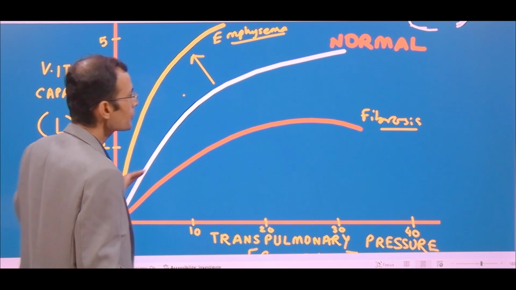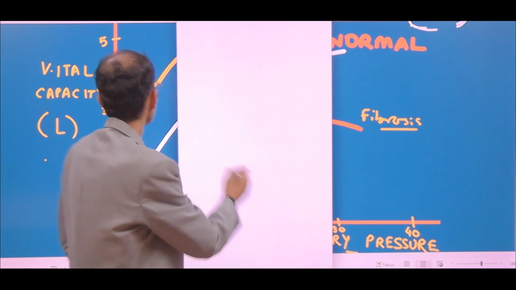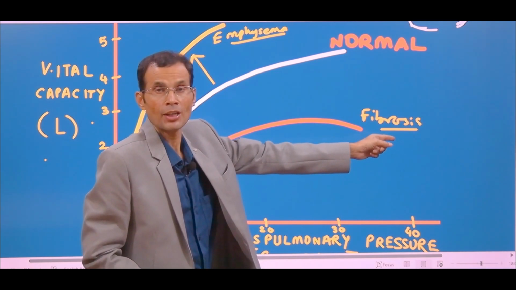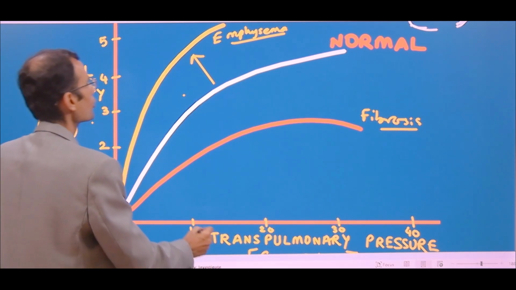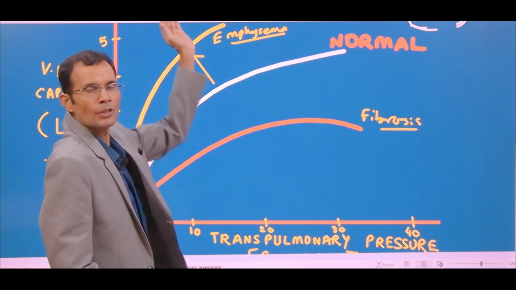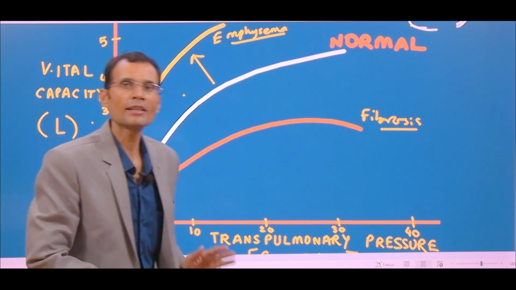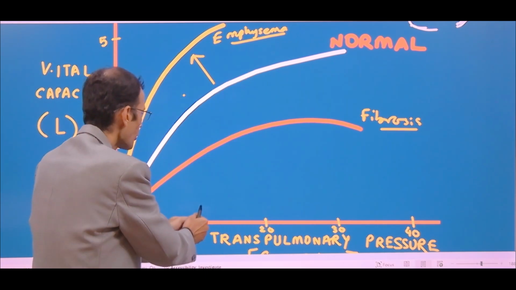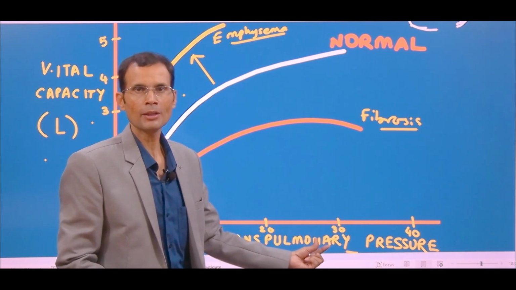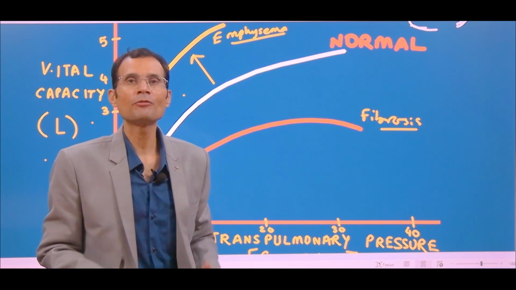So you see the curve has become flat. It has gone rightward and downward because the compliance decreases in pulmonary fibrosis. But nevertheless, look at the emphysematous curve. Very steeply rising. That means volume on the vertical axis is rising very steeply for a very small change in the transpulmonary pressure on the horizontal axis. So this is the change that happens in emphysema.